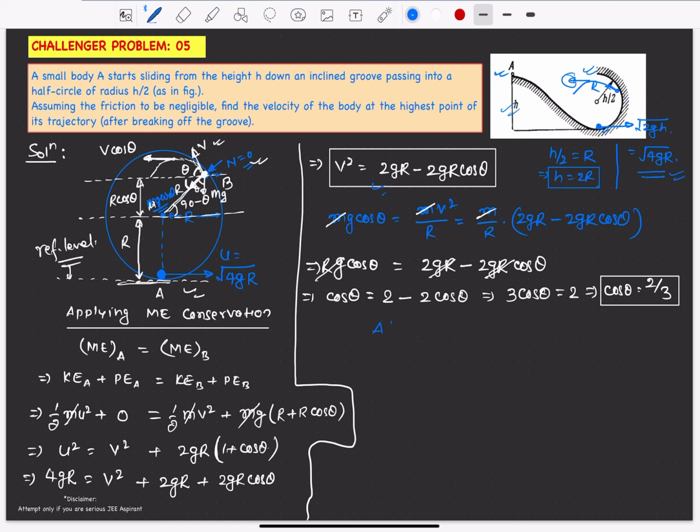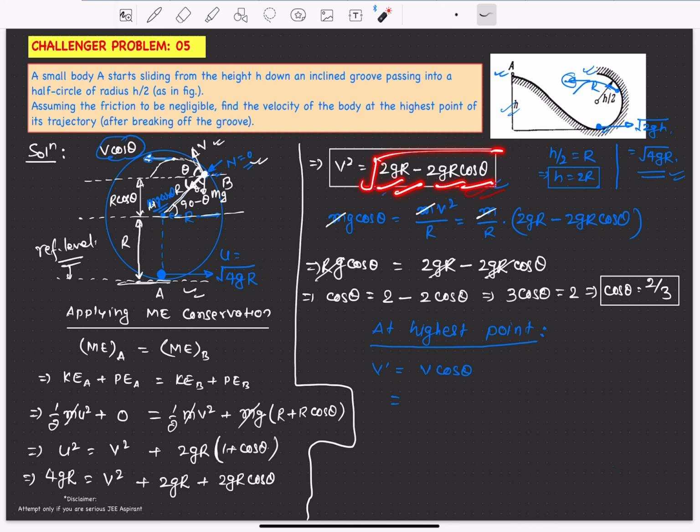At the highest point, what will be the velocity? At the highest point, the velocity will be only the horizontal component, right? The velocity will be v cos theta. At the highest point, the velocity v dash can be written as v cos theta. What is v? v square is 2gr minus 2gr cos theta, right?